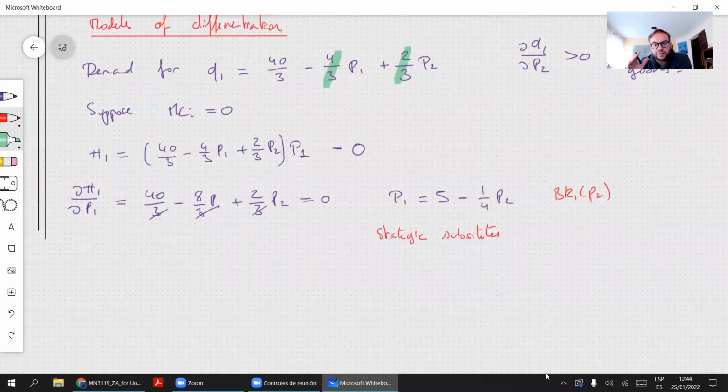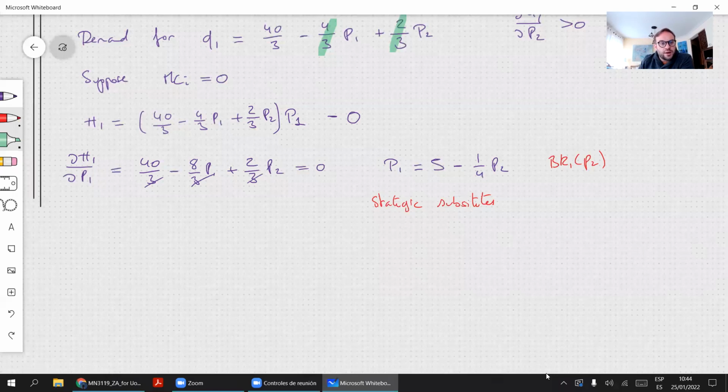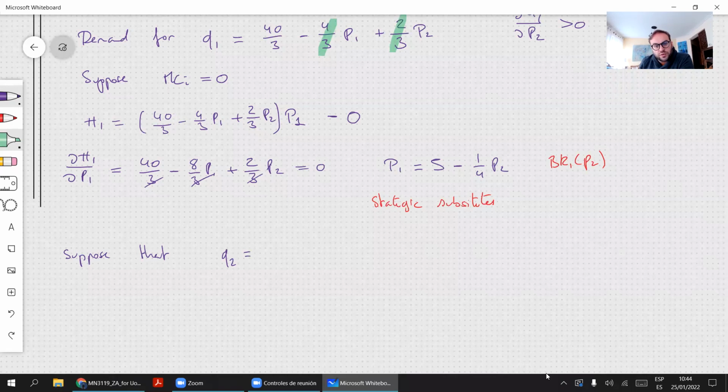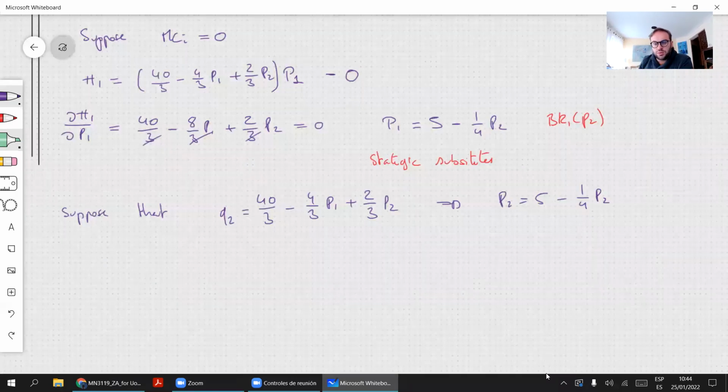Right, and then again, if I have things that are symmetrical, suppose that the demand for good 2 is symmetrical. It's reasonable to suppose that things are symmetrical if goods are substitutes. Then the best response function is also symmetrical, and then I can do a graph, right?